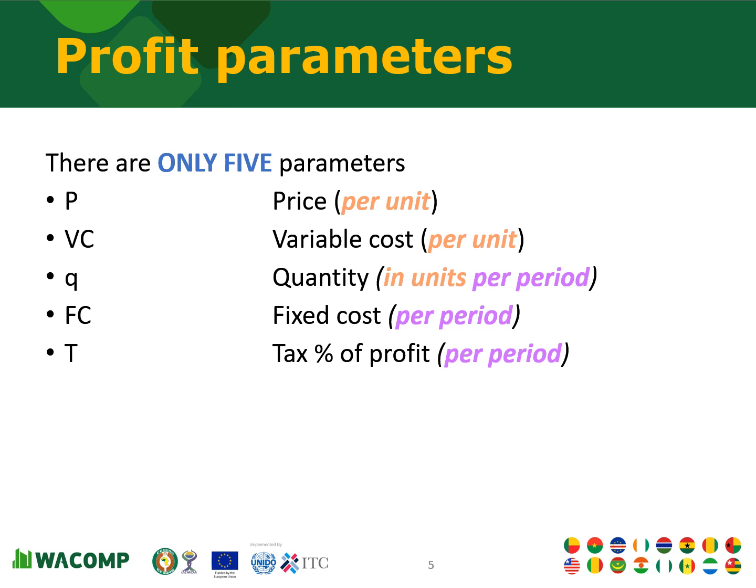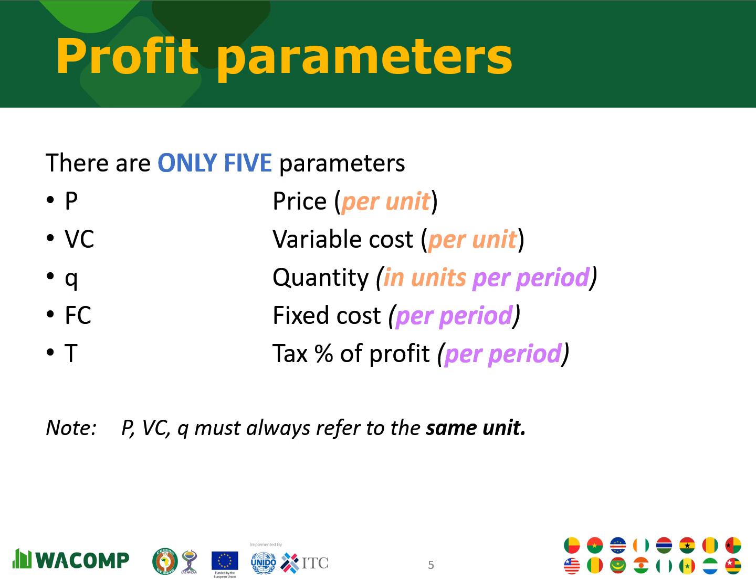Please note that T only refers to profit tax. It is expressed as a percentage of the profit. Other taxes like land tax, road tax, social taxes are included in the fixed costs.